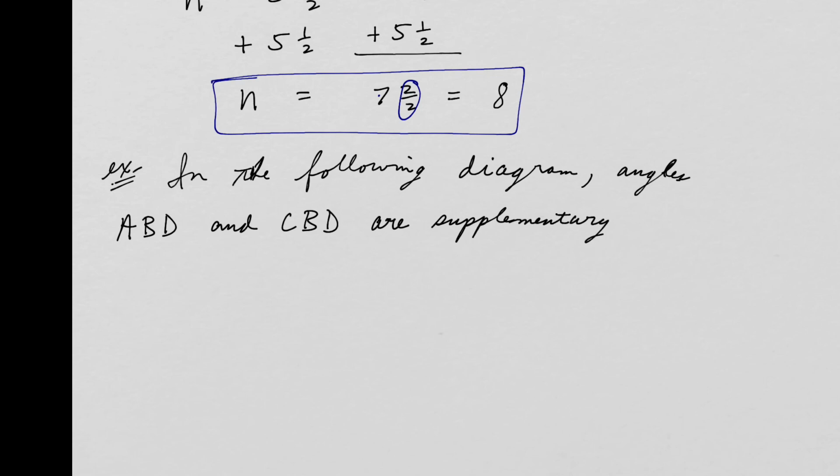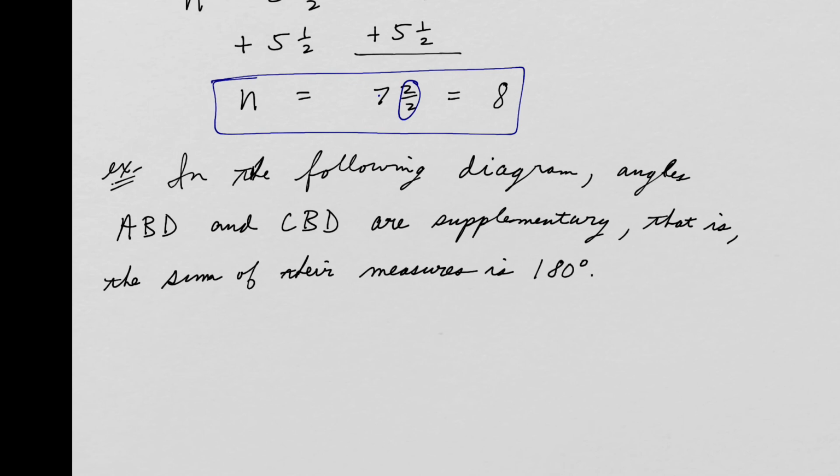That is, the sum of their measures is 180 degrees. And the question here is going to be to find what y, the variable y, what that equals. Find y. So I'll draw a picture next.